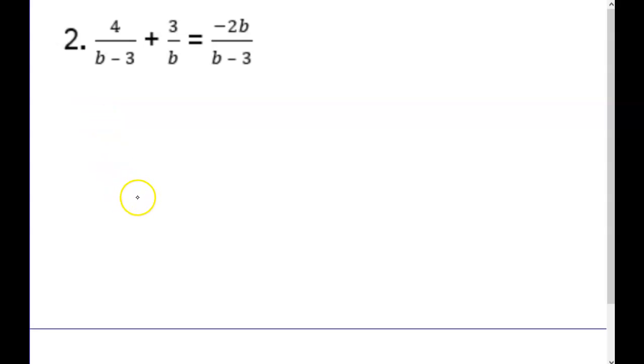This is more like what the quiz is going to look like. Now, the common denominator here needs both factors, b and b minus 3. Okay? So we're going to have to multiply everything on both sides by both a plain old b and a b minus 3.